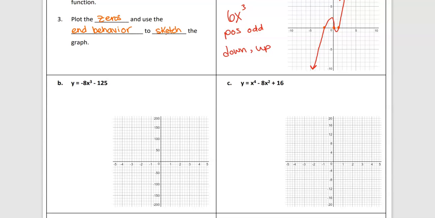What if we took out a negative 1 and made it look like 8x cubed plus 125, like that? What kind of special factoring is this? Sum of cubes. We could use our SOAP. So yeah, cube root of both.